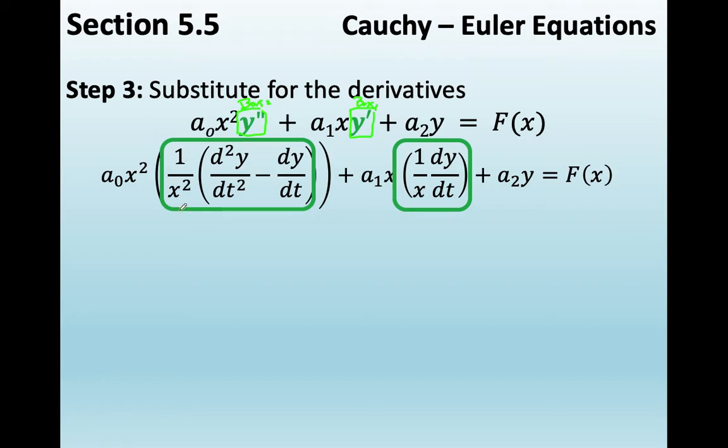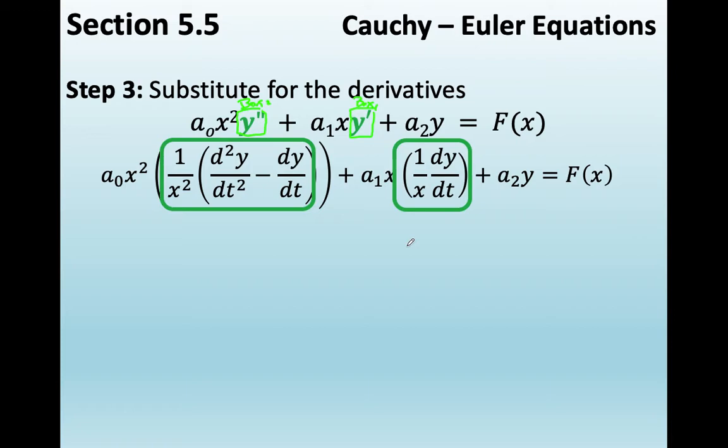I'm just replacing. I've still got x's in here, but remember this was all built on the fact that we were transforming x into e to the t, which is where we got t is equal to ln x, and we use those derivatives. So I've got t's in here and x's. That can't stay.